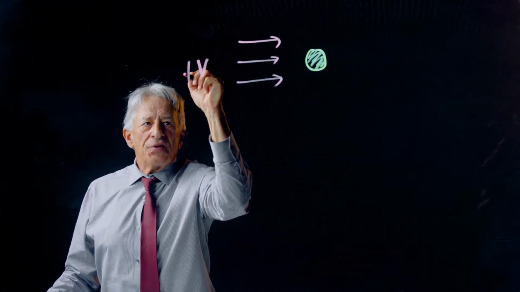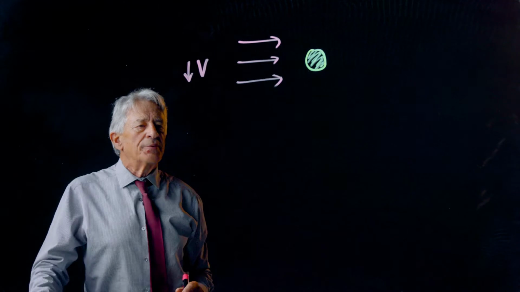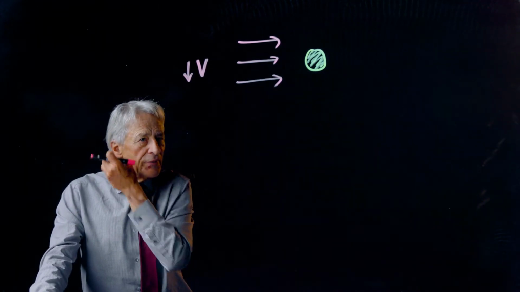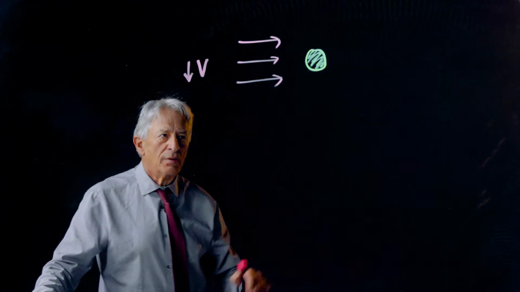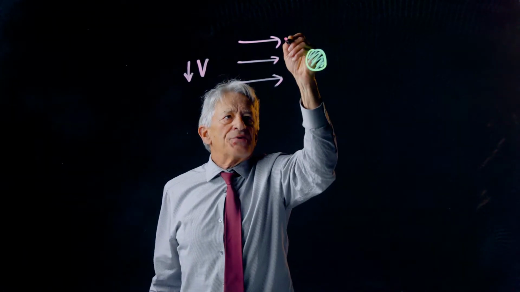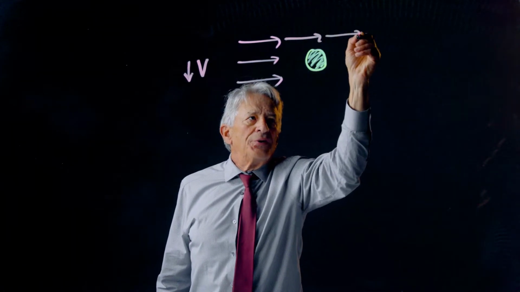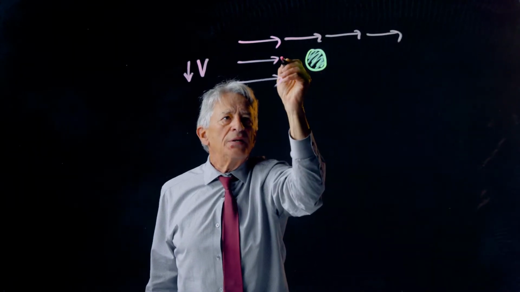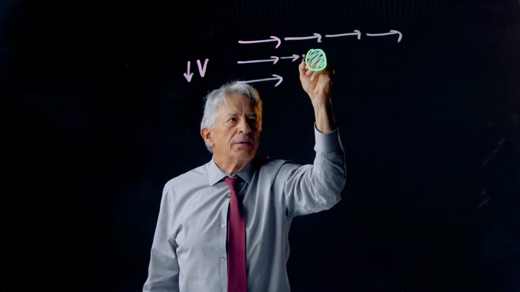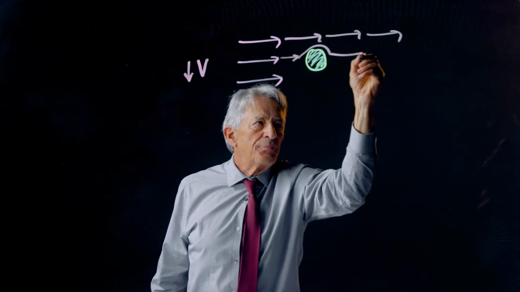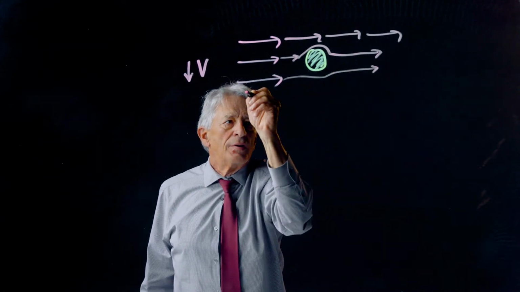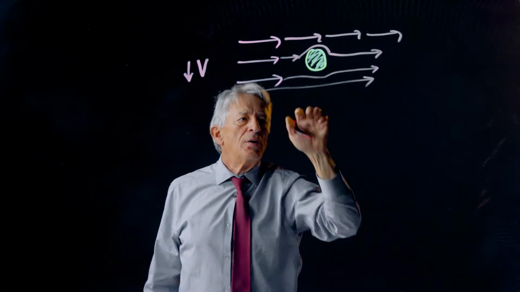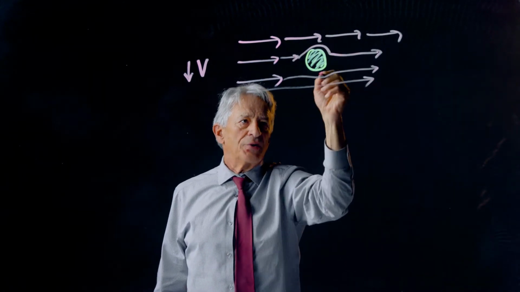So the first thing I want to consider is what happens to the fluid in the case when the velocity is very low. Well, in that case, the fluid flows completely in a laminar manner around the obstacle.